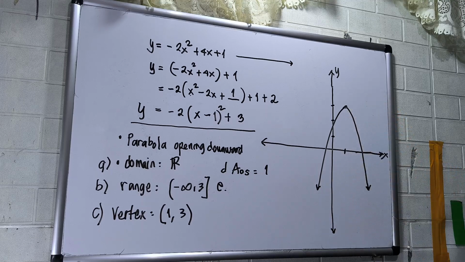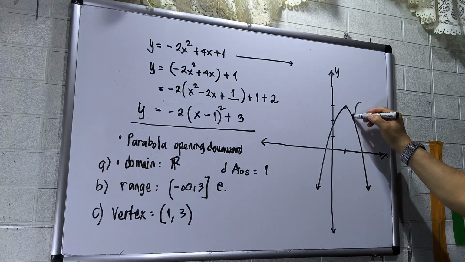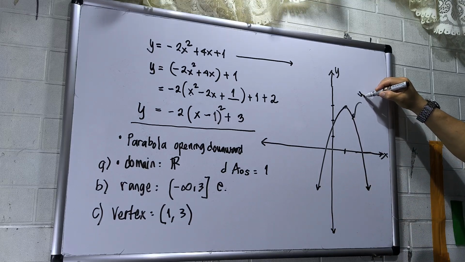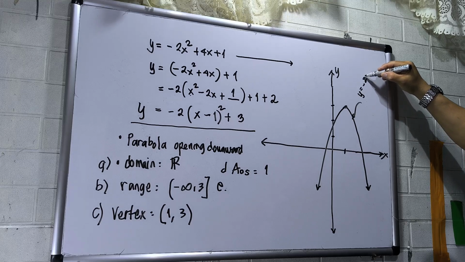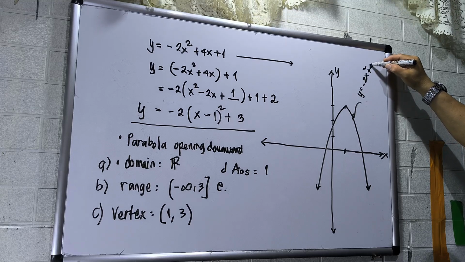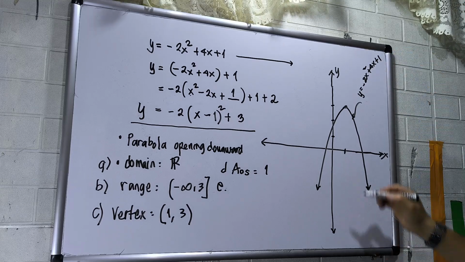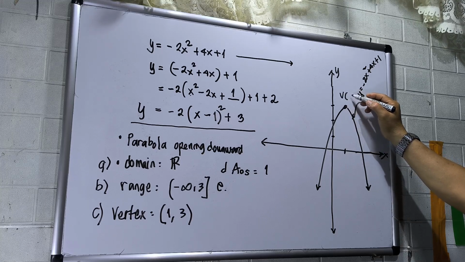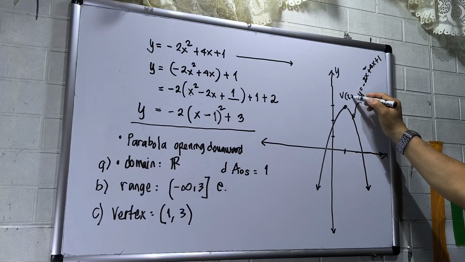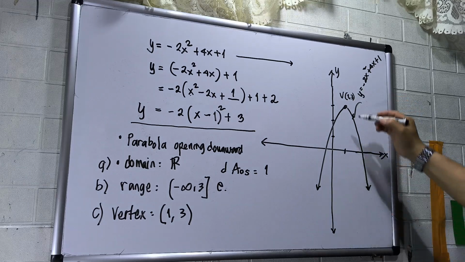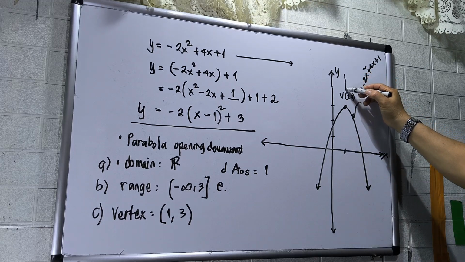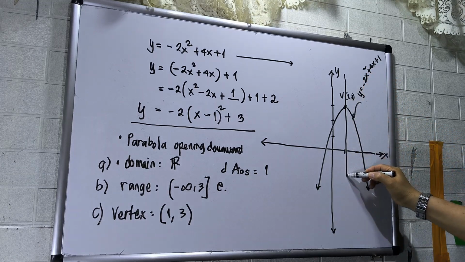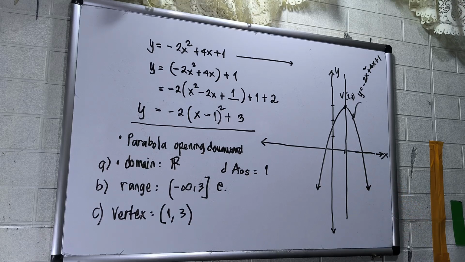Okay. So this equation is y is equal to negative 2x squared plus 4x plus 1. So this is the vertex. Vertex will be h and k, 1 and 3. And then this is the axis of symmetry.